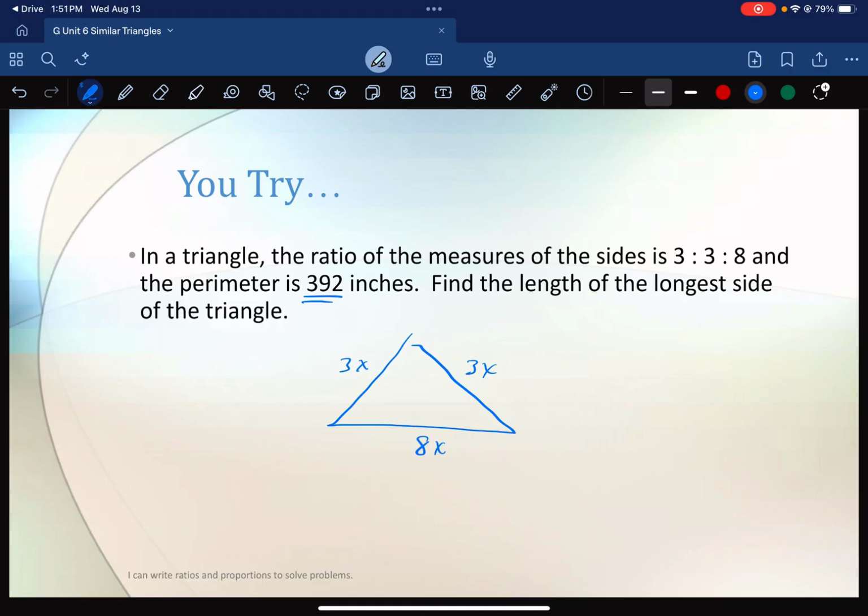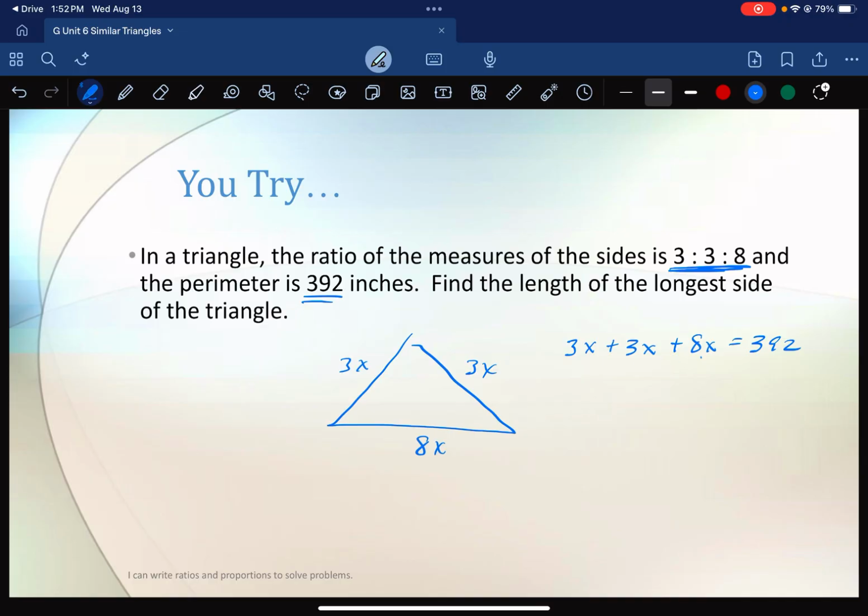That's the ratio of 3 to 3 to 8. And I know that 3x plus 3x plus 8x must equal the 392. So we're looking for what multiple of these will produce numbers that add up to 392.